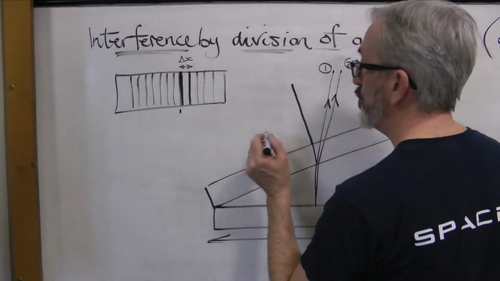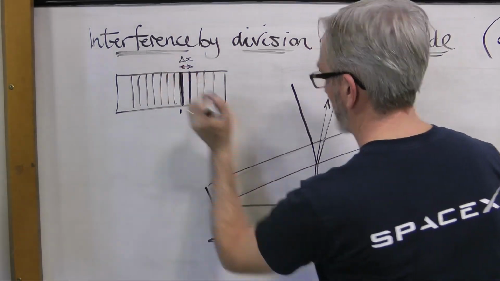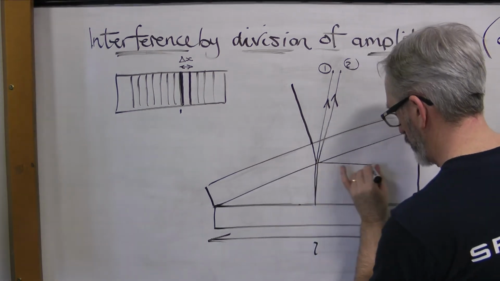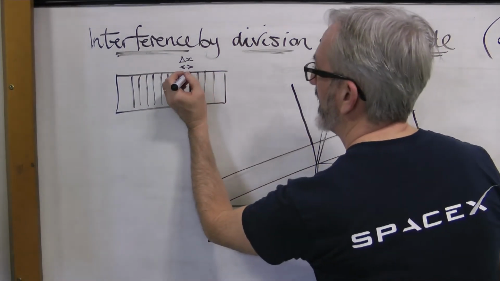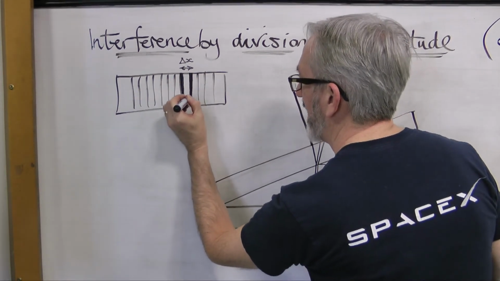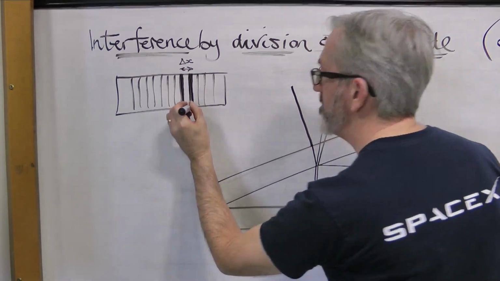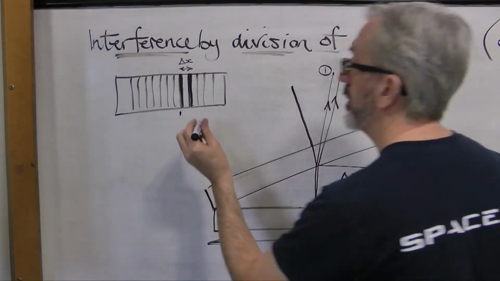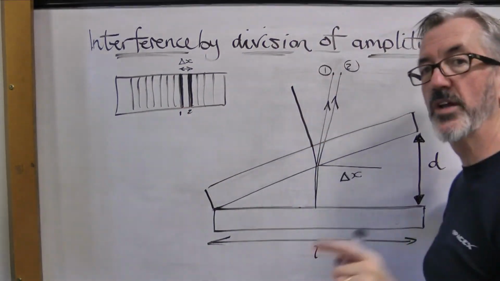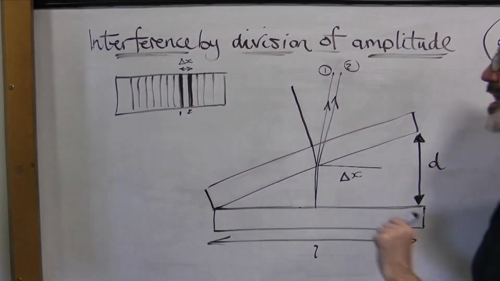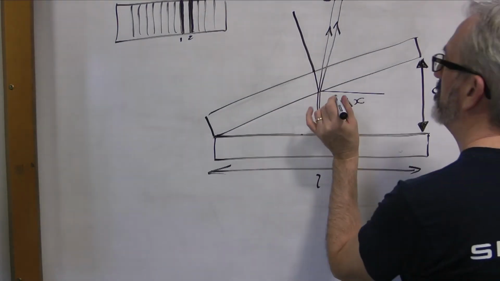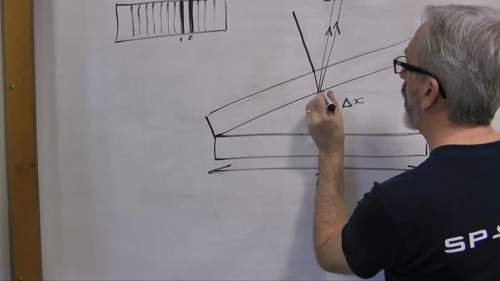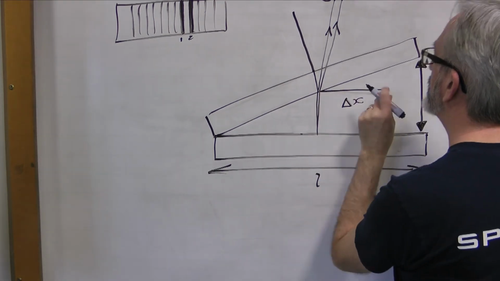We would have to move our microscope a certain distance, delta x, before the next time we see a similar bright fringe on the interference pattern.